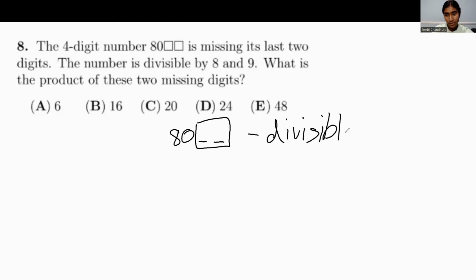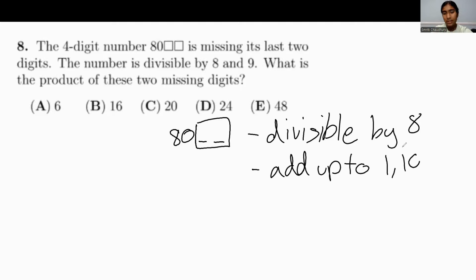Now, in order for this to be divisible by 9, the sum of the digits must be divisible by 9. So 8 plus 0, that's 8. So the missing digits must add up to 1 or 10, and not 19, because the max they could add up to is 18, with this being 9 and 9.